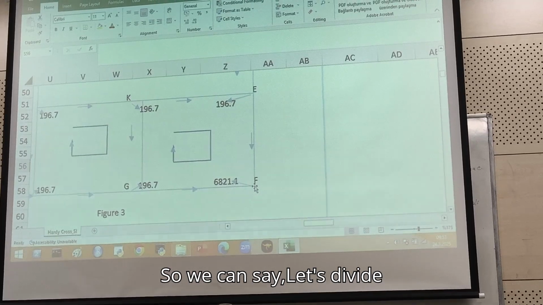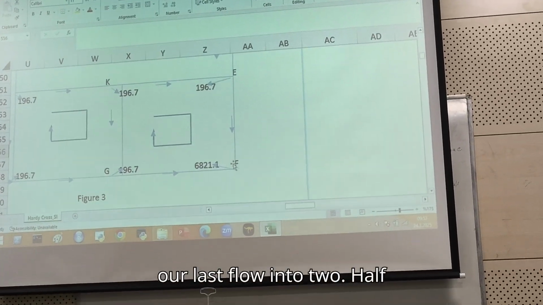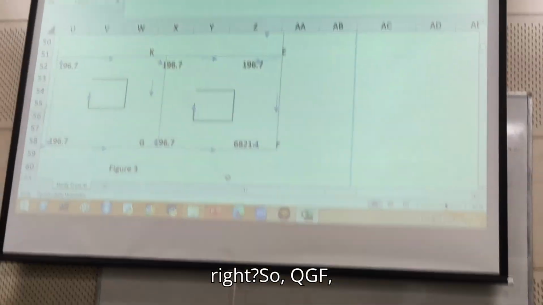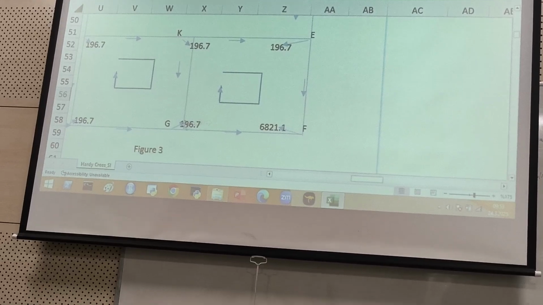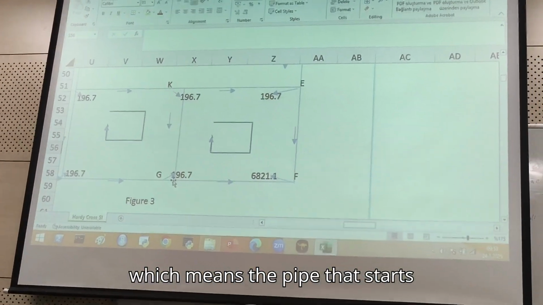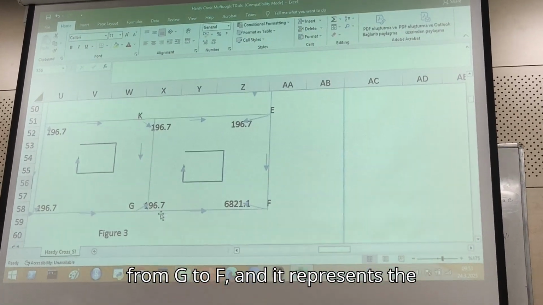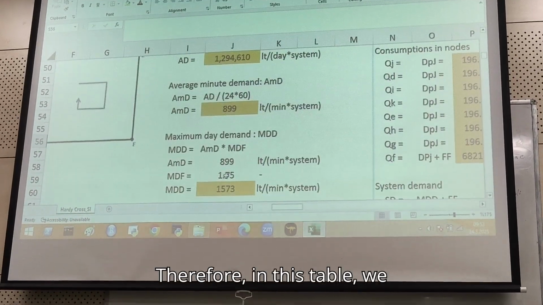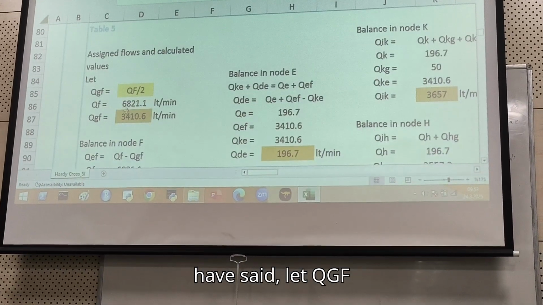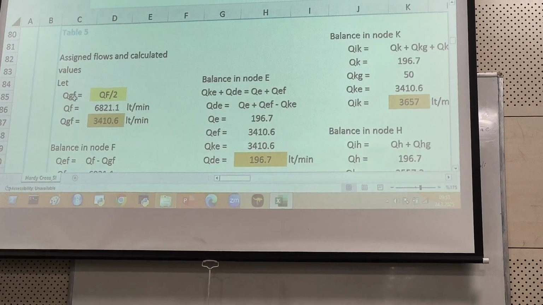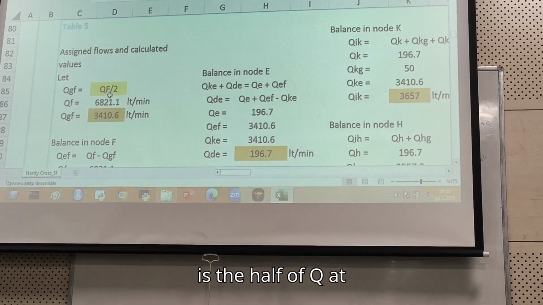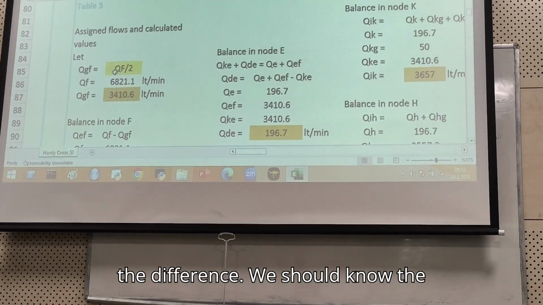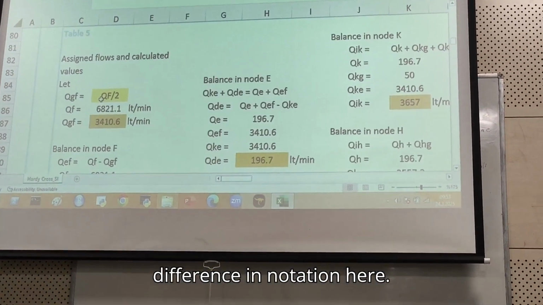So we can say, let's divide our last flow into two. Half of it is here, half of it is here, right? So QGF, which means the pipe that starts from G to F, represents the flow that comes from G to F. Therefore, in this table, we have said, let QGF be half of Q at location F. We should know the difference in notation here.